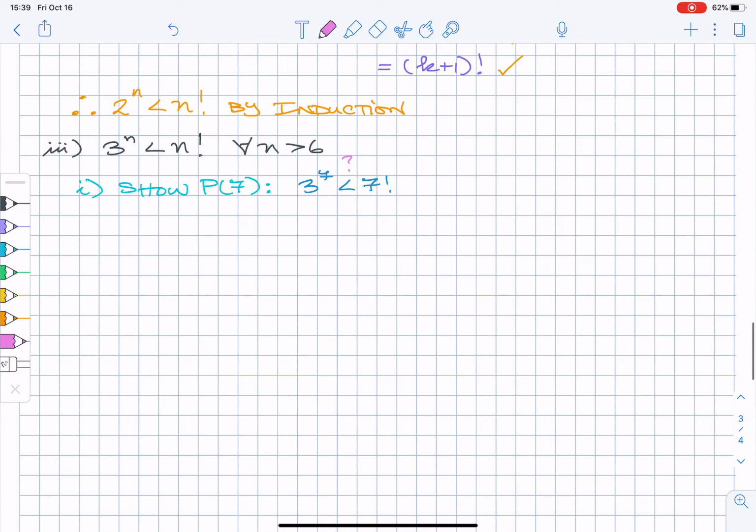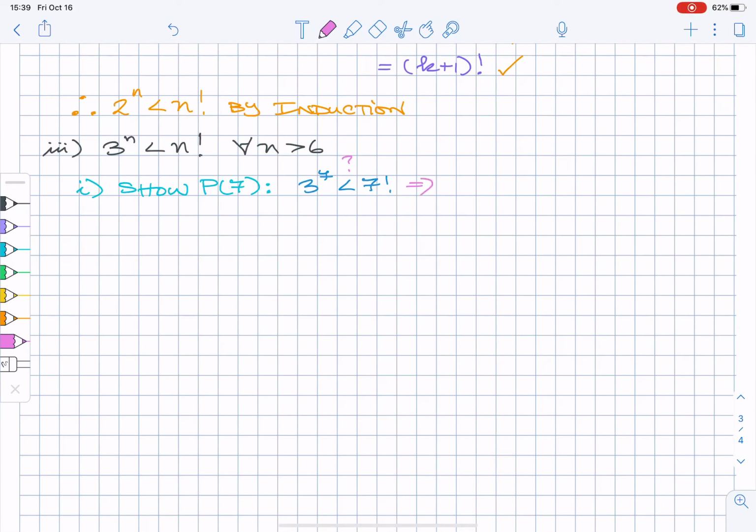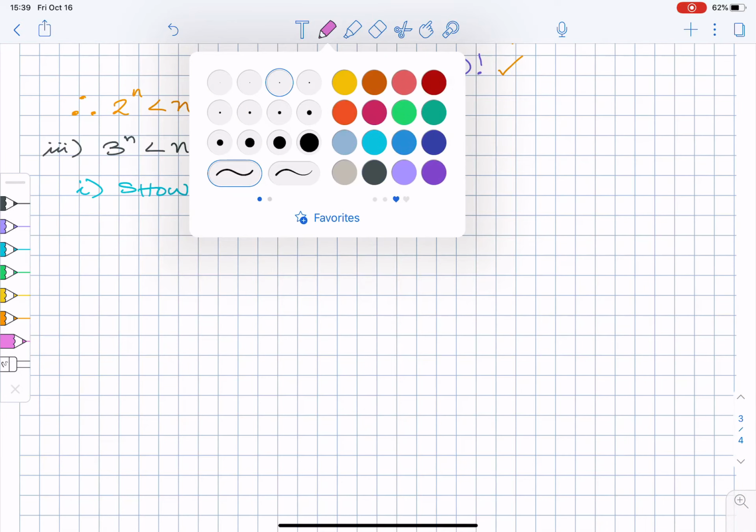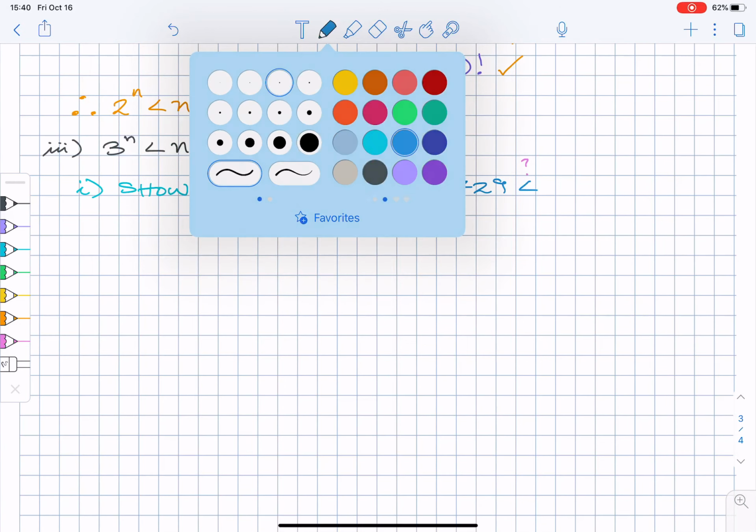Well, what is 3 to the 7th? I know that 3 to the 6th is 9 cubed, which is 243, times 3 is 729, right? Is that less than 7 factorial?